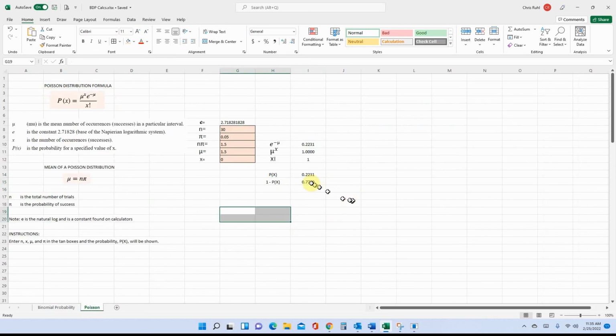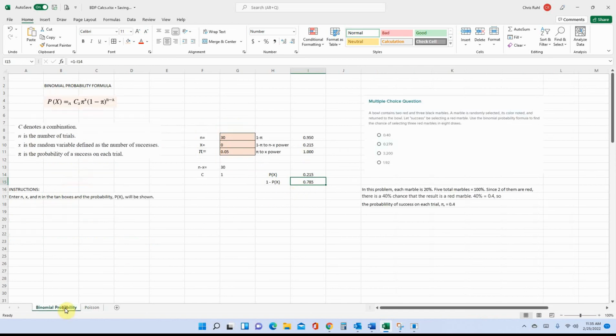Over here, we have a 77.69% chance within the 30-year period. So both answers are fairly close. But running through these examples can verify that these formulas work.